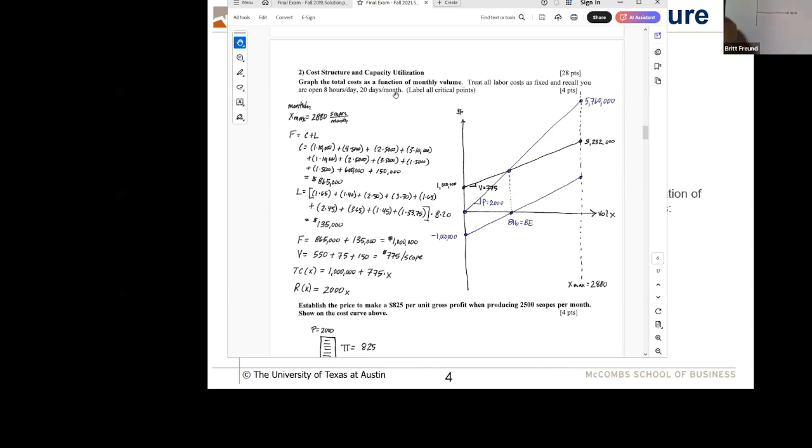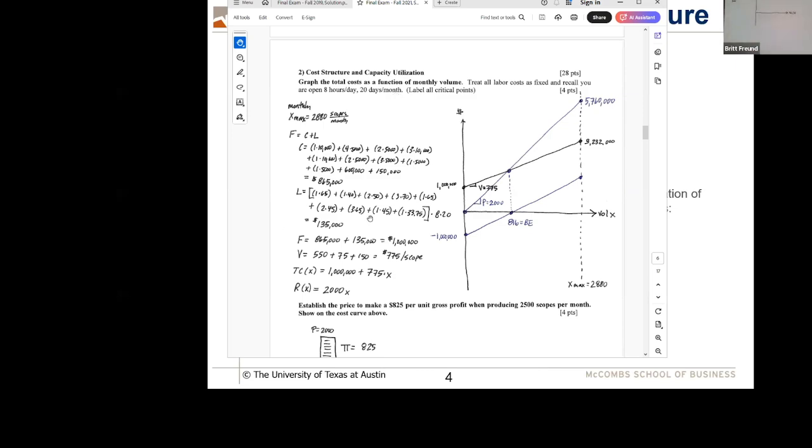So after we understand it's for a month and we draw our empty cost structure, the next thing we have to know is, this graph has an endpoint. We can't do more than a certain volume in any given month, given the set of resources that we have available to us. What is the maximum volume that is possible in that period of time with that set of resources? And that we're going to call X max.